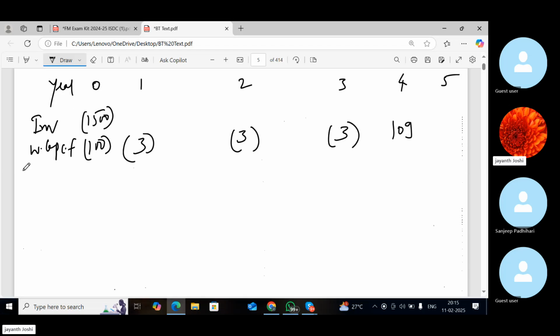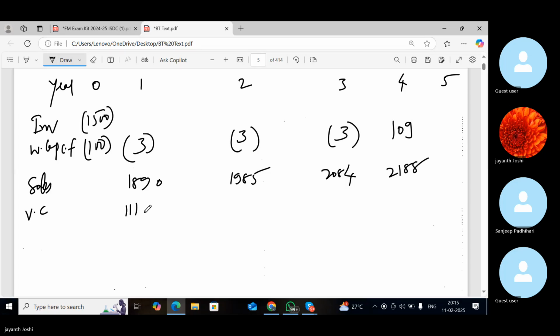Okay. Now sales. First year 1890, after all the adjustments 1985, 2084, already done in the working notes. Variable cost, already done in the working notes.